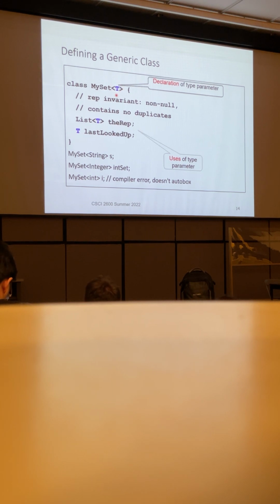Well, T is probably by far the most common because it's in a natural sense for type. Another popular choice is a pair K and V because they can stand for the type of the key, the type of the value. Right. For any data structures that naturally operate with pairs of values.